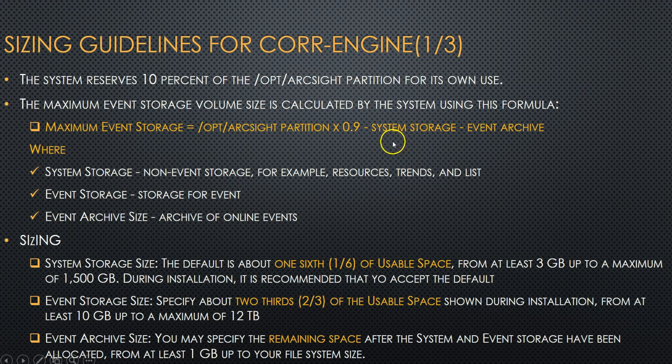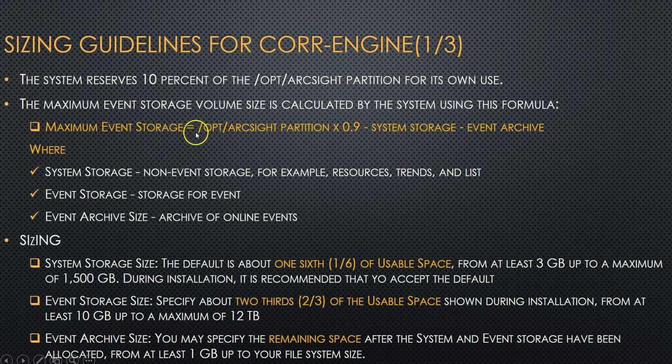So the system storage, as we just explained, is used for the non-event storage of resources, trends, and lists. The event storage is the main storage for events, which is the one we are trying to calculate. And the event archive size is the archives that you save on board your appliance or your own hardware server, which is hosting the ESM software.